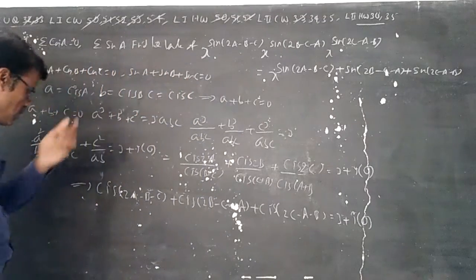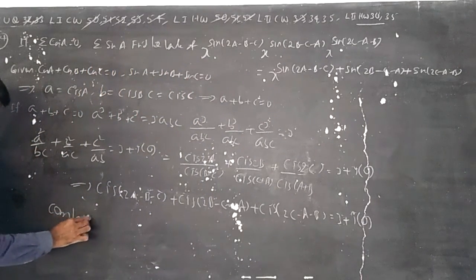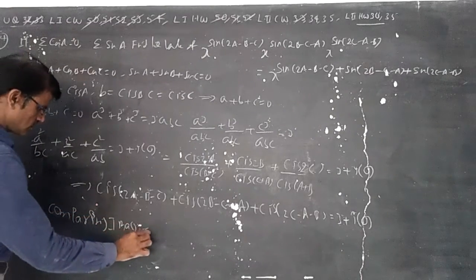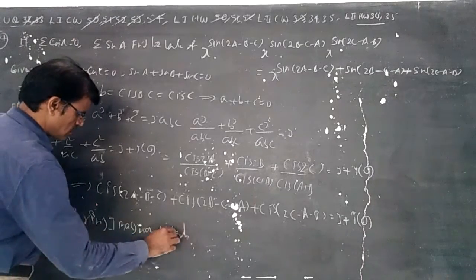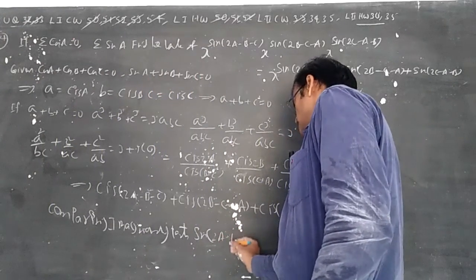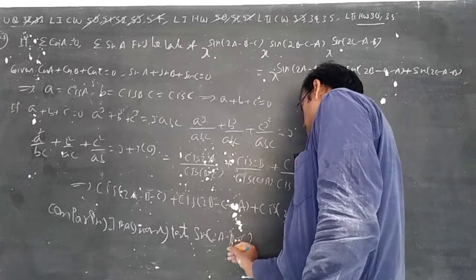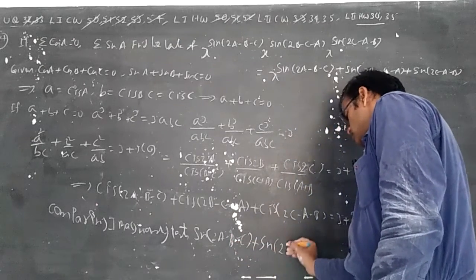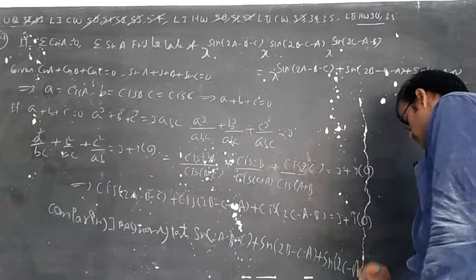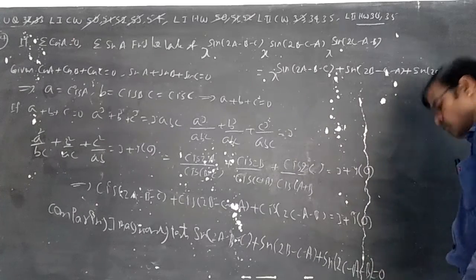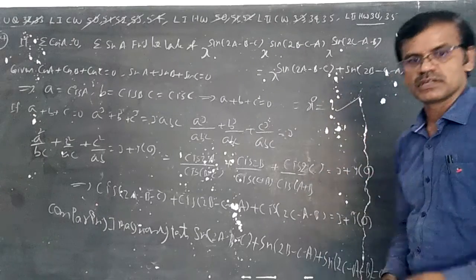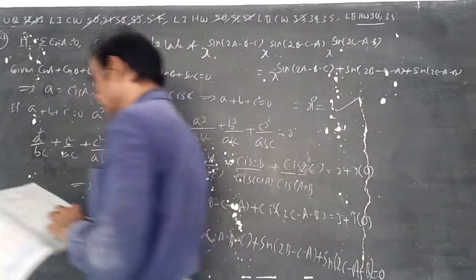So comparing imaginary parts, sin of 2A minus B minus C plus sin of 2B minus C minus A plus sin of 2C minus A minus B becomes 0. If it is cos, it is 3. So x power 0 is 1. Here the answer is 1.